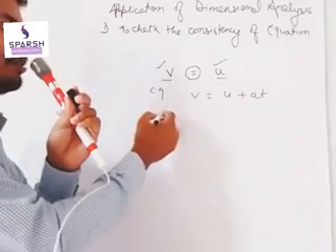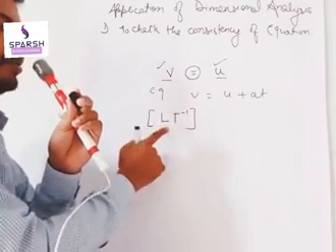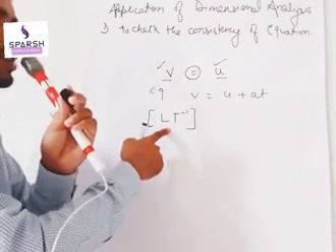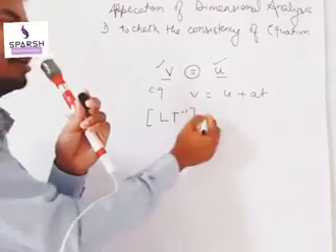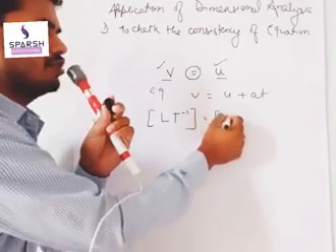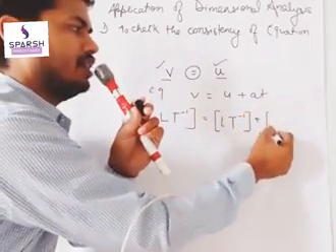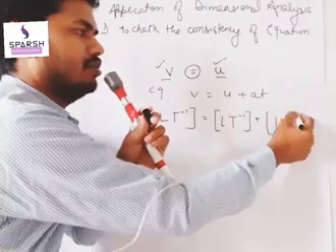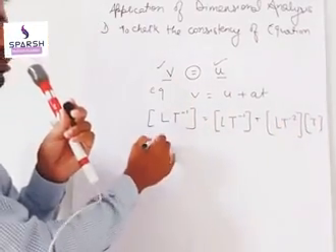So what is the dimensional formula for V? It is LT minus 1. Please watch the first video of dimensional analysis part 1 to know in detail how to calculate the dimensional formula. U is also LT minus 1 because it is also velocity. Acceleration is LT minus 2 and time is T. So let us solve.